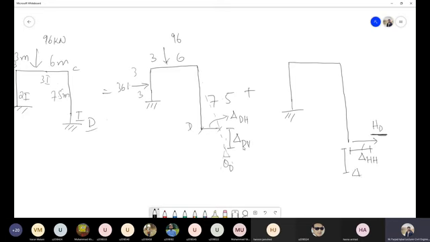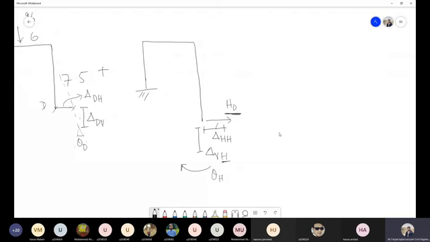So I will call this VH. That means the vertical deflection at joint D due to the horizontal load. And the third one is rotation. Rotation I will just represent with the arrow sign just to keep things simple. So I will call this theta H, or the rotation due to the horizontal load acting at this point.